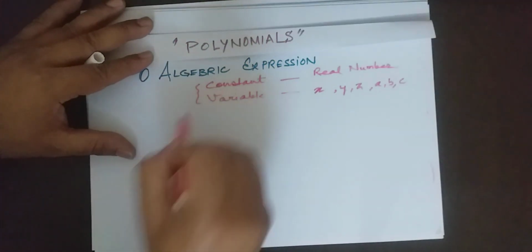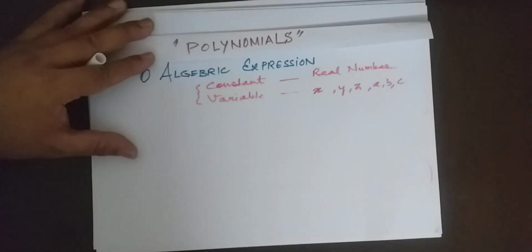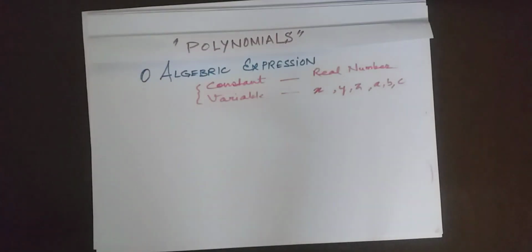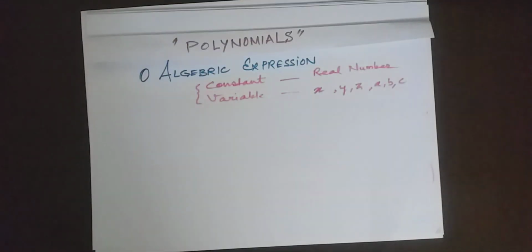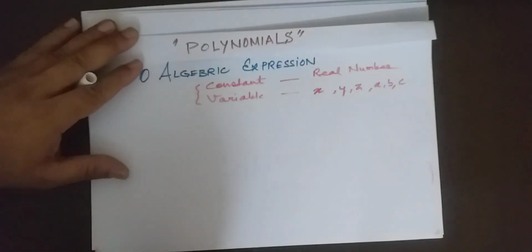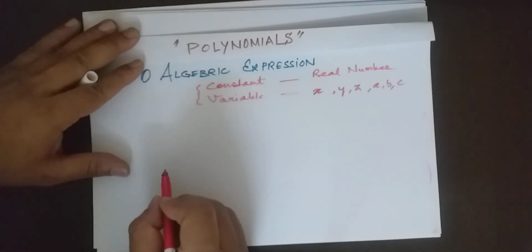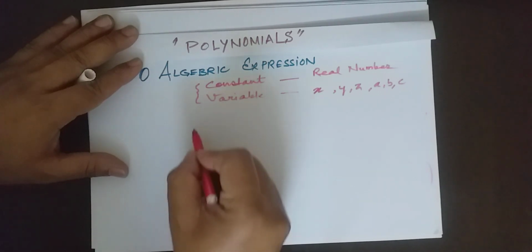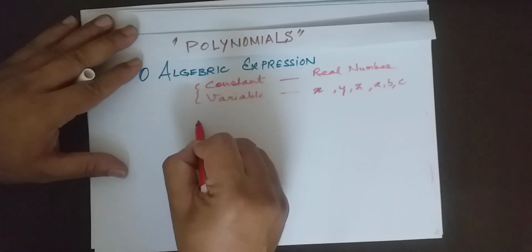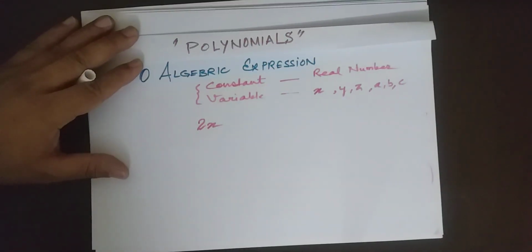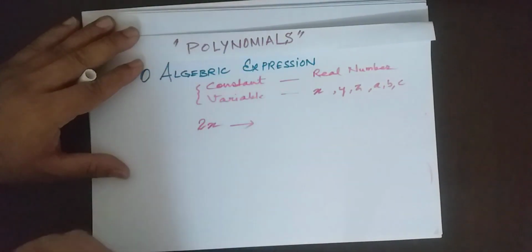So by making use of these constants and variables, by multiplying them, adding them, multiplying and adding together, whatever expression that we get, such expression is known as an algebraic expression. For example, I take 2 as a constant, x as a variable, and multiply these two terms. This becomes an algebraic expression.